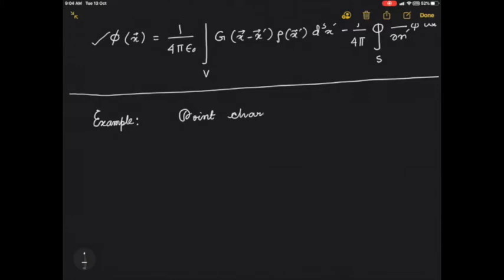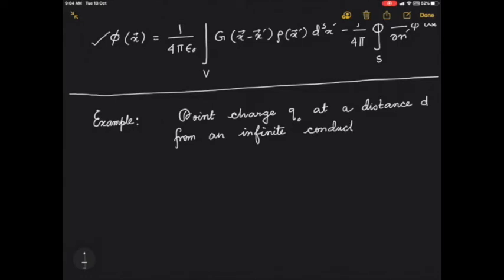It's a point charge q naught at a distance d from an infinite conducting plate kept at zero potential.